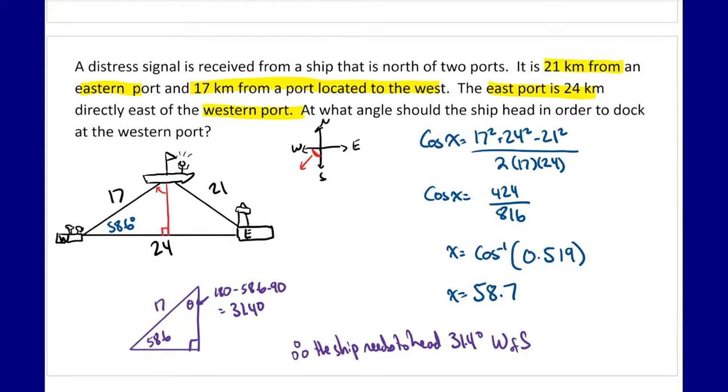Because we're trying to find the angle that we're heading in, you may have decided to find this entire angle here, which wouldn't be terribly wrong, but to find a direction we want to be a little bit more accurate. We're not trying to find the angle between the two directions. We want to find out what angle they need to head.